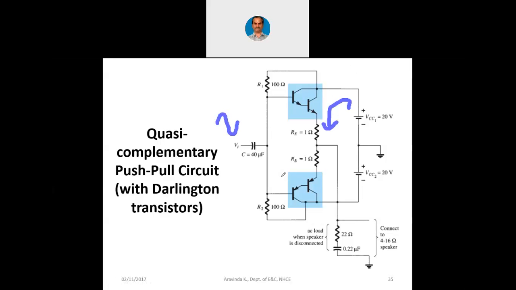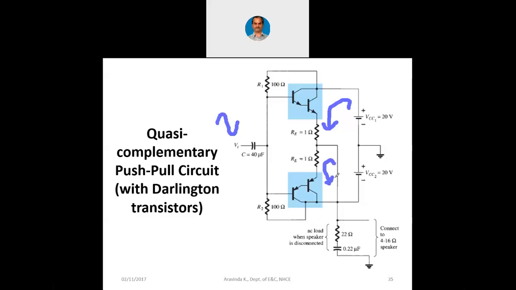And when you apply a negative cycle, accordingly the base current for the PNP is going to increase, and that is when from the same VCC2 we have, this way only. So in the negative cycle, PNP will conduct in this manner.